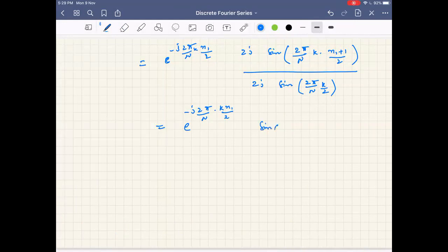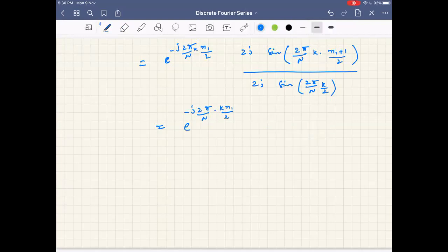Let us write in terms of sinc now. In fact, we need not write 2 pi here. Let us write sinc t. You need not write omega naught, but let us write it explicitly.